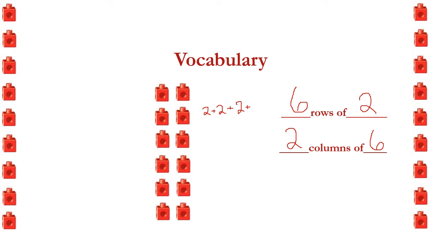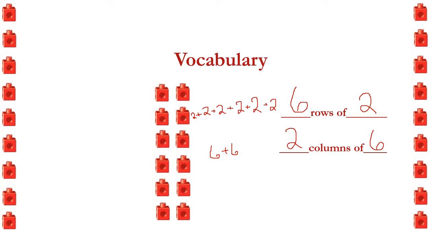So that's going to go on for quite a while, and it's a little difficult to do when you're writing with a mouse. 2 plus 2 plus 2 plus 2 plus 2, okay, equals, and then 2 columns of 6. That's a little bit easier, because that's just 6 plus 6, okay?